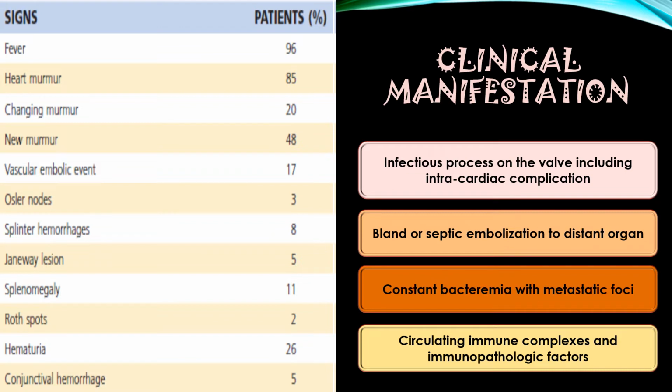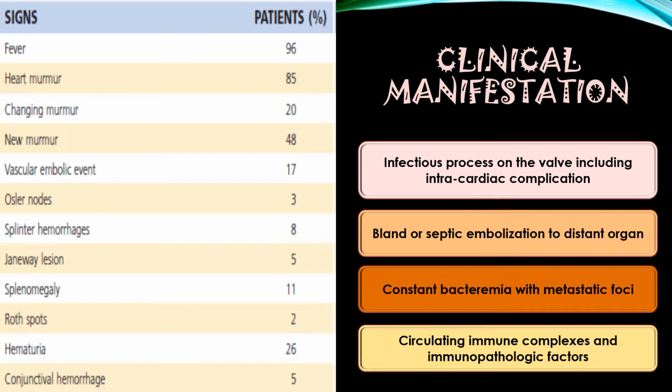Infective endocarditis has many symptoms with various mechanisms. The patient may come to you with just fever, without organ-specific symptoms. But if you focus on examination, you can hear a heart murmur.